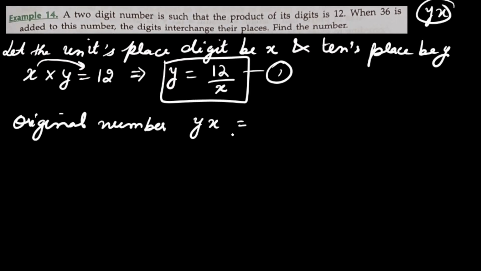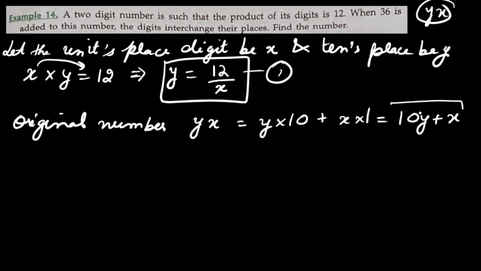So y is at the tens place, so it is y into 10 plus x into 1. So 10y plus x is the original number, using the place values concept, the expansion by place value.